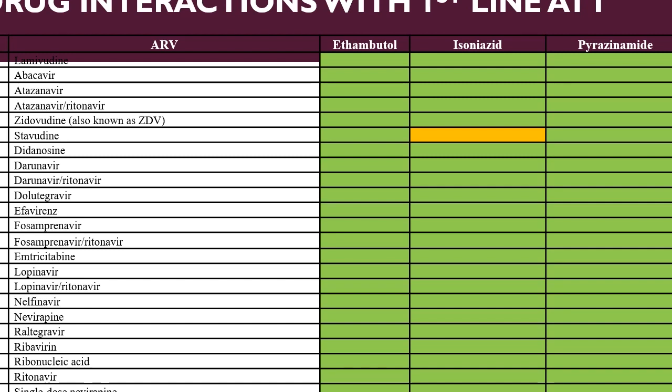So there are certain antiretroviral drugs which should not be given in combination when rifampicin is used, and there are certain antiretroviral drugs which can be used with caution when given with anti-TB treatment, and there are certain antiretroviral drugs which can be used safely. So we have to suggest a combination of antiretroviral drugs which is safely used with rifampicin.